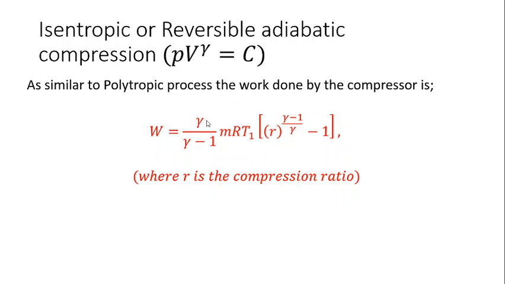So W is equal to gamma by gamma minus 1 MRT1 into pressure ratio or compression ratio raised to gamma minus 1 by gamma, minus 1. Same as the polytropic process. The only difference is, instead of N, this is gamma. So this is the work done by a compressor where the compression process is an isentropic one.